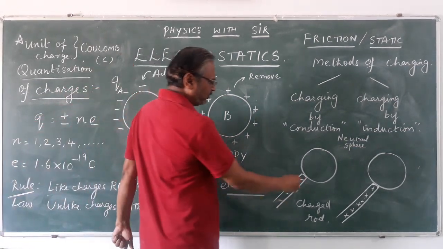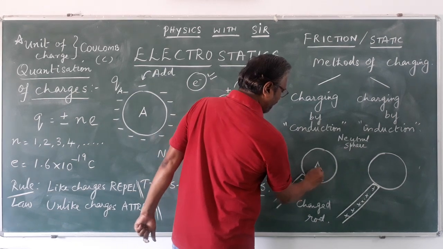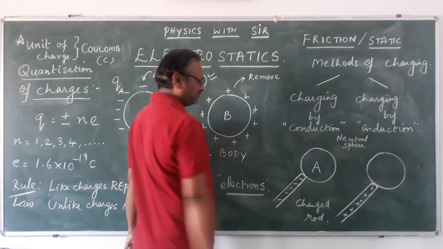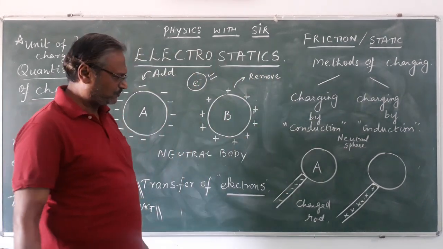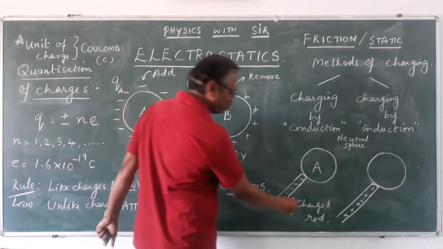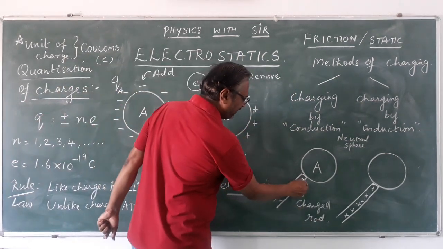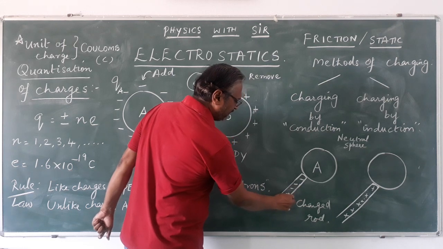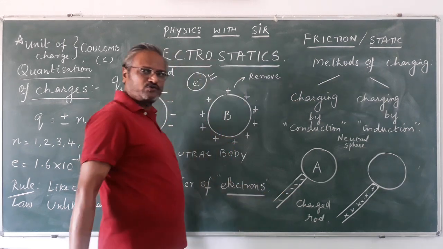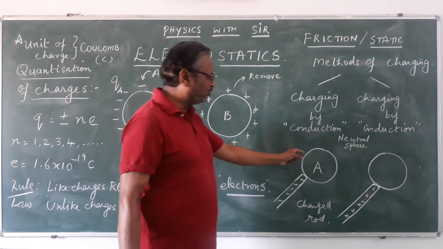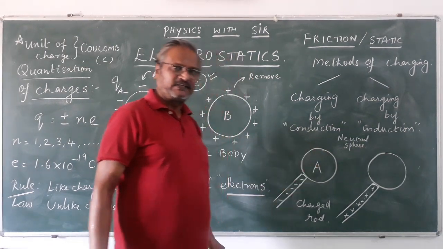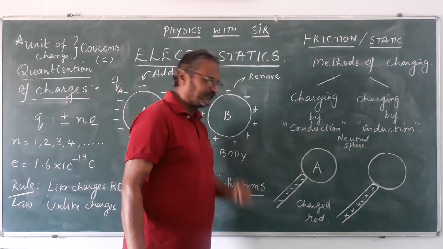I am going to take this body A. I want to charge this body with a negative charge. So I take a charged rod, which is a negative rod, bring this rod close to the neutral sphere, and touch it.